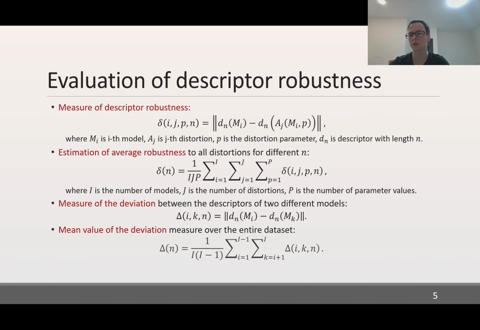To investigate the attack resistance of the descriptor, we will use the following metrics. Measure of descriptor robustness is defined as the average deviation between the descriptor difference of the original and distorted model.